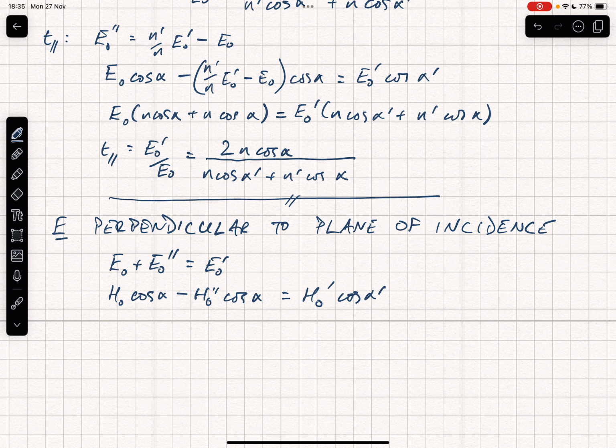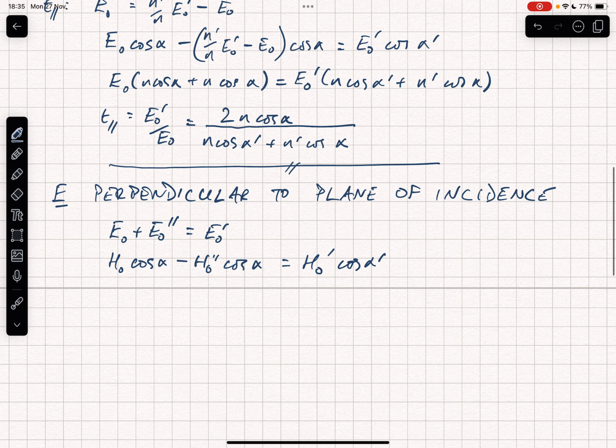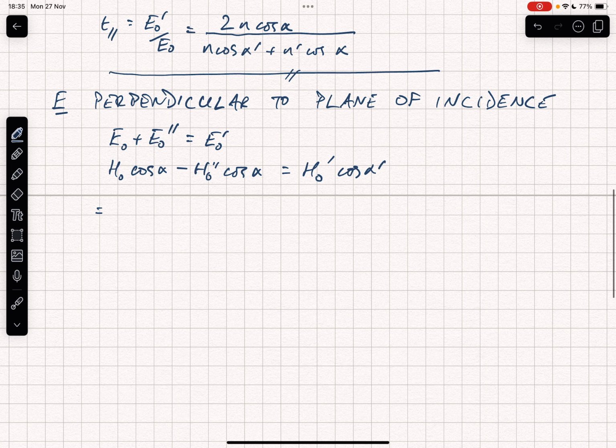That's just resolving the components. That equation there, of course, implies that E0 n cos alpha minus E0 double prime n cos alpha is equal to E0 prime n prime cos alpha prime.